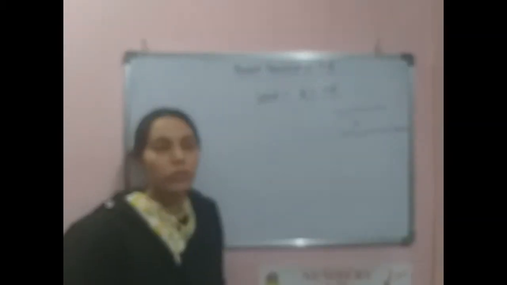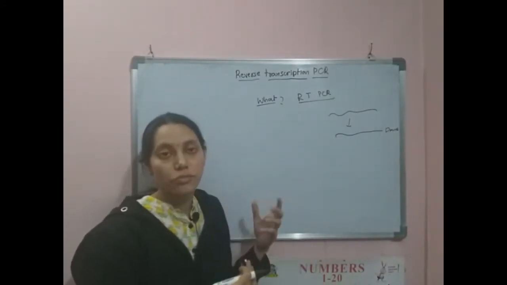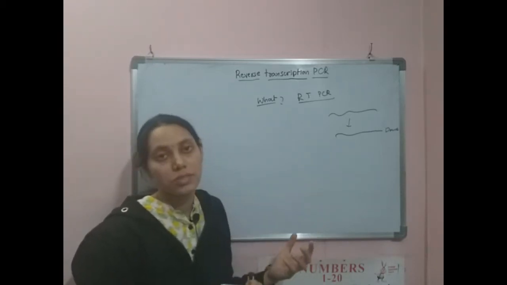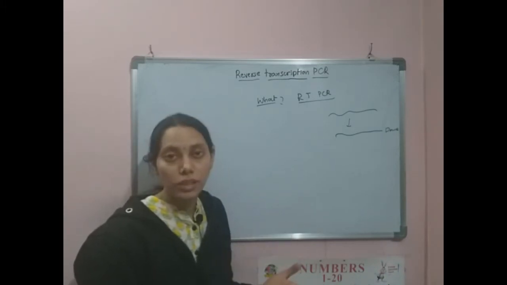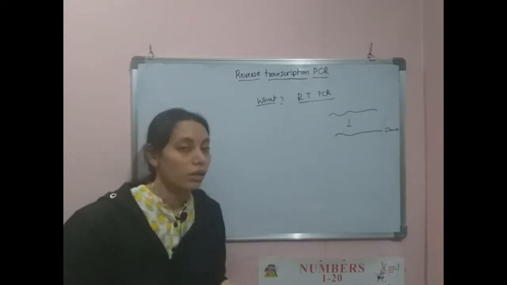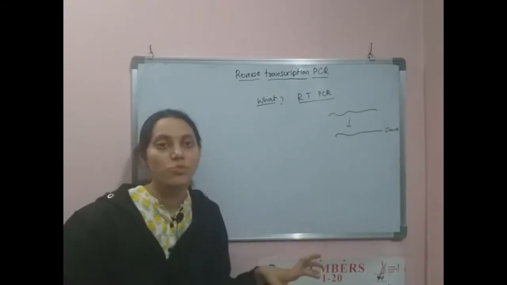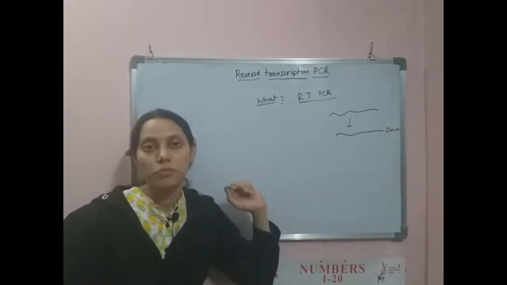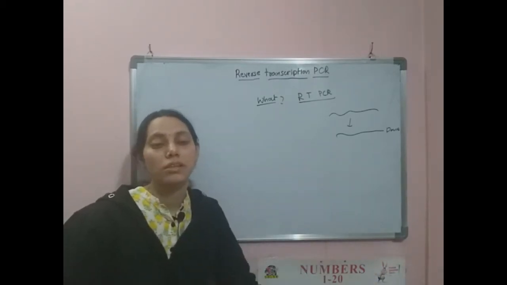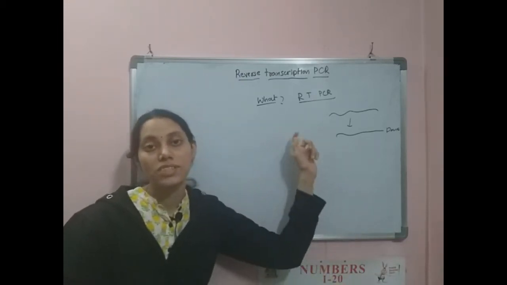In order to understand gene expression, maybe some analysis of some genes, maybe to identify some pathogens, or maybe gene copy number and expression level, for all these cases, we generally go for reverse transcription PCR. That means the level of mRNA at that point of time of the experiment, we are going to determine using this reverse transcription PCR.